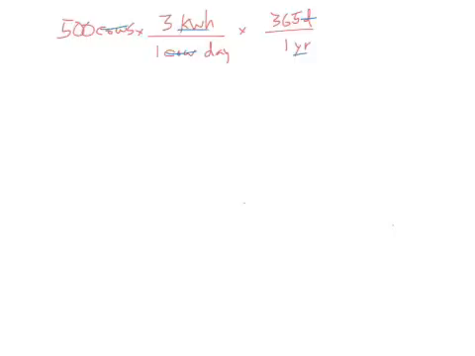Simplifying my numbers into scientific notation helps me do mental math. 5 times 10 to the second, multiply that by 3, multiply that by 3.65 times 10 to the second. So my answer is going to be in kilowatt hours per year.